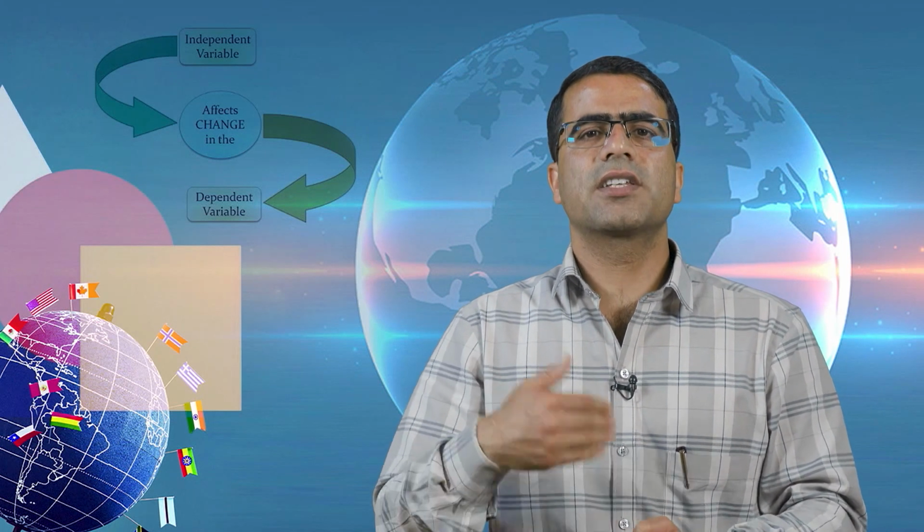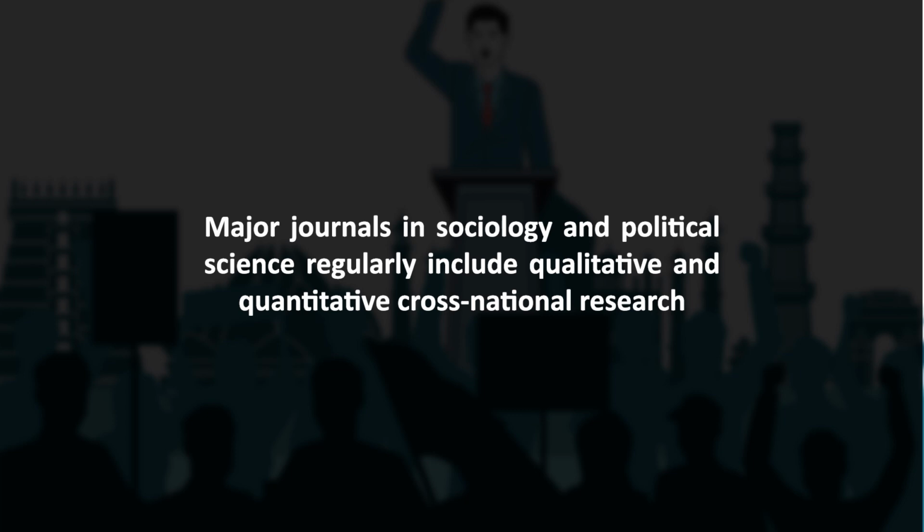As a result of the renewed interest in comparative research, the number of such studies has continued to increase since the 1960s. Major journals in sociology and political science regularly include qualitative and quantitative cross-national research.